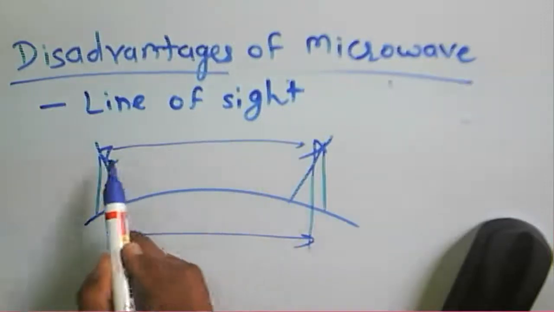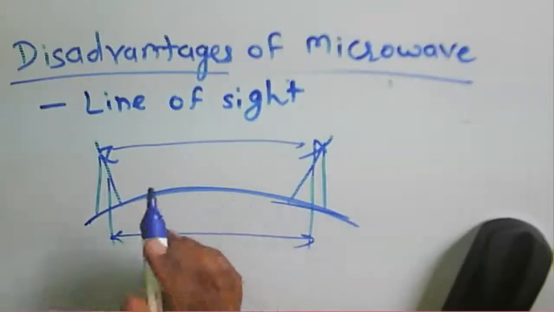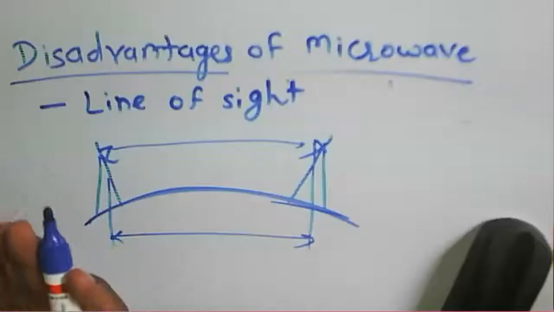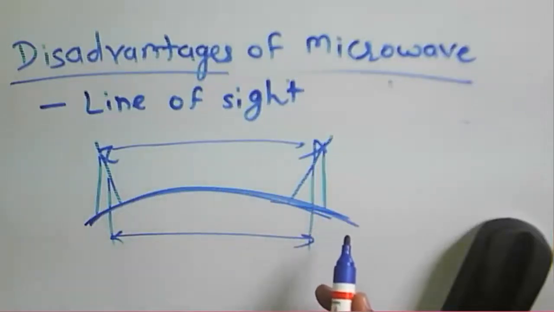But if you are making a tower to tower communication, since the earth surface is not flat, there is a small curvature on the earth surface.